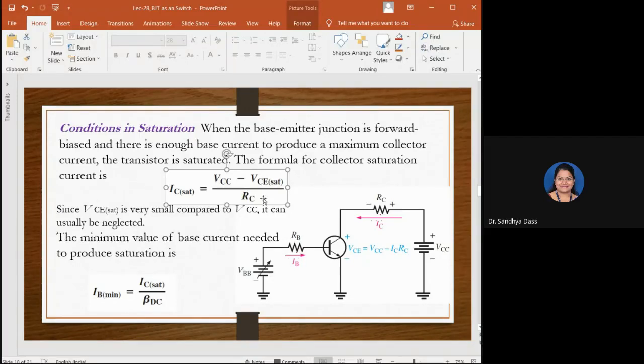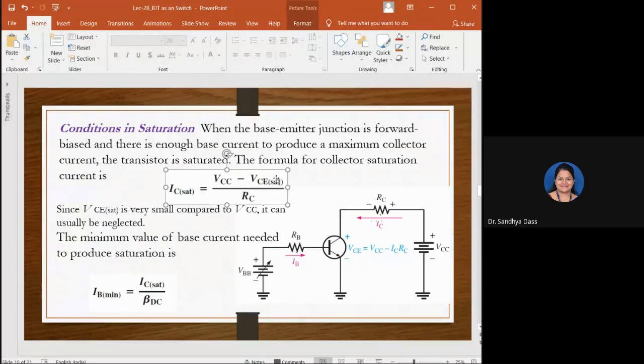If you recall the characteristic curve we discussed just now, VCE was very small. In the saturation region, VCE was less than 0.7 volts. This is the voltage we call VCE sat.